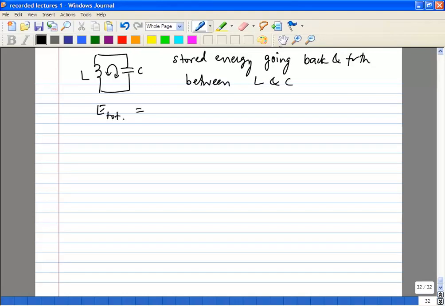We know that half C V squared is the peak energy stored in the capacitor, and we know V peak is I peak times R.